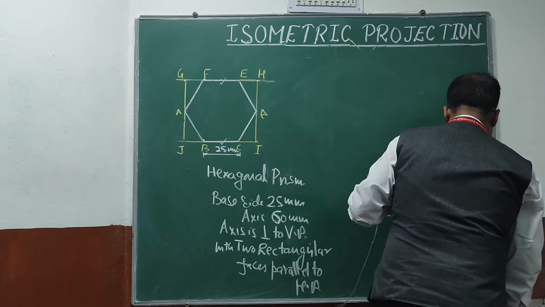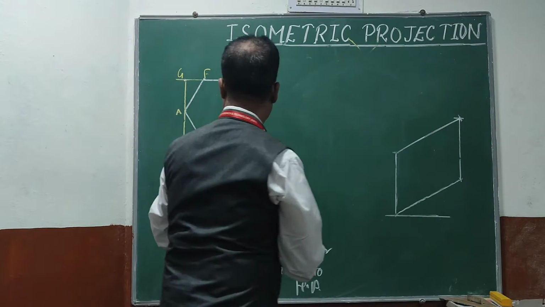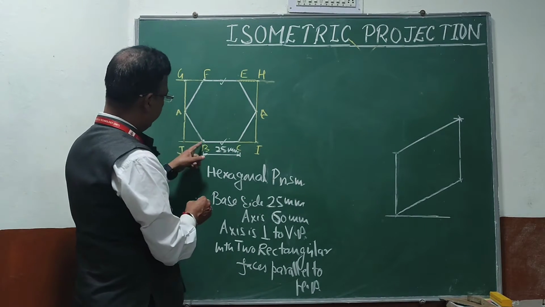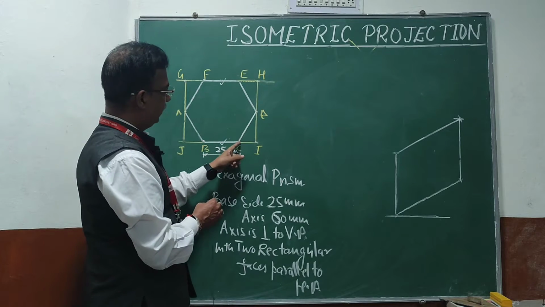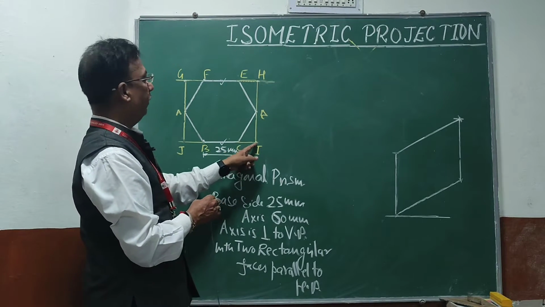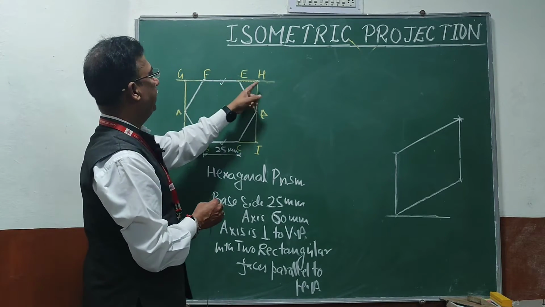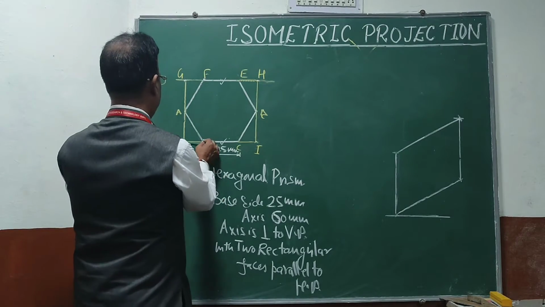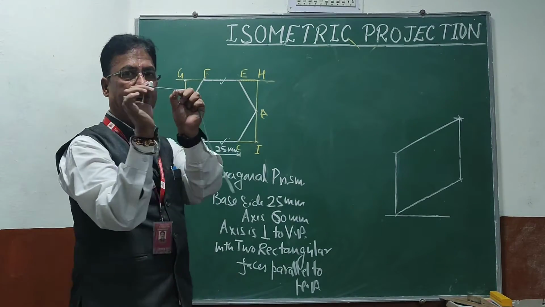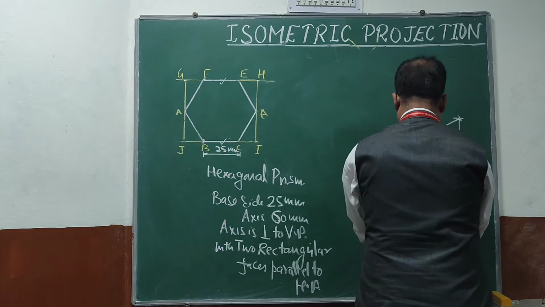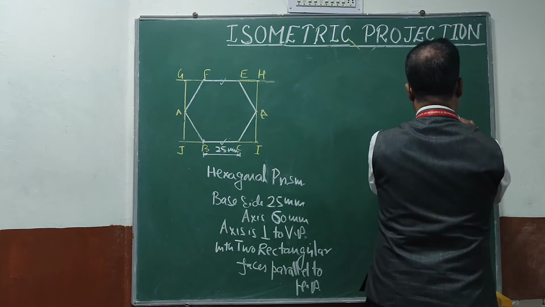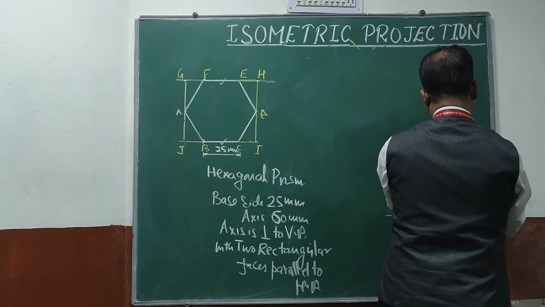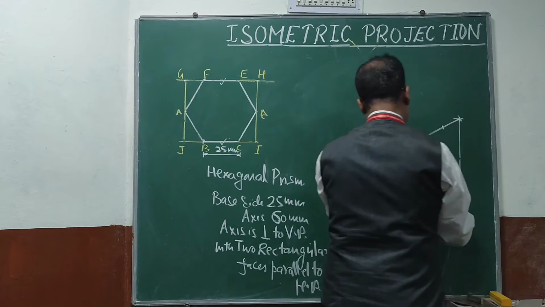Now if I plot these points, as I already told you, from J the distance of B will be the same for C from I, the distance of F from G and the distance of E from H. Once I mark these in a compass and use all four distances on these lines, you can easily get these four points.